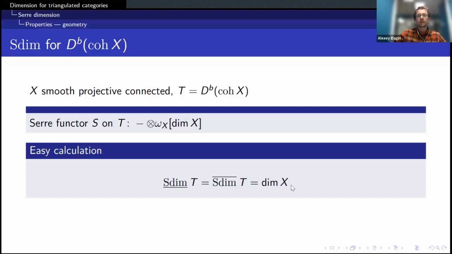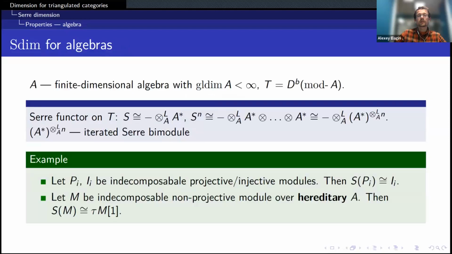Now let's have a look at the algebraic categories. So we have a finite dimensional algebra having finite global dimension. Then the Serre functor on such a derived category is given by derived tensor product with the bimodule A star. So this is just the dual vector space to A, which has a structure of an A-bimodule, and tensoring with this bimodule gives a Serre functor on the derived category.